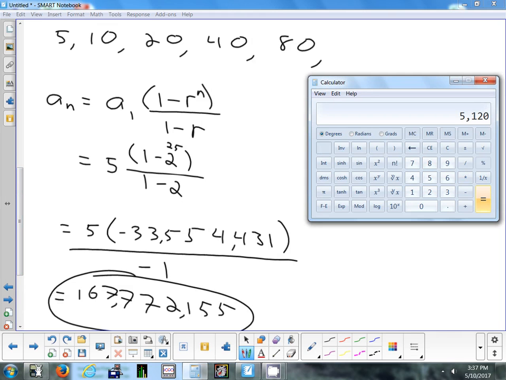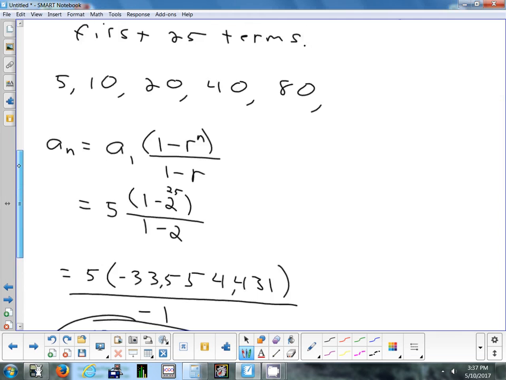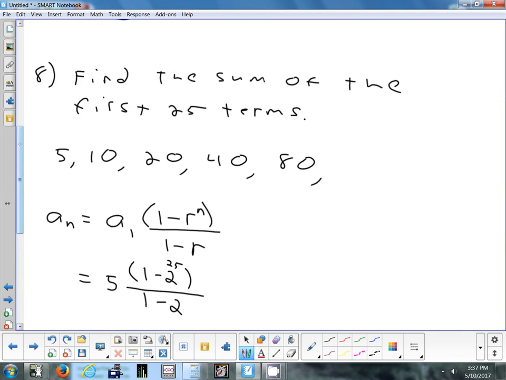And by the 25th number, they're getting pretty big. If you add them all up, it should be 167 million. But not something we really want to do by hand.